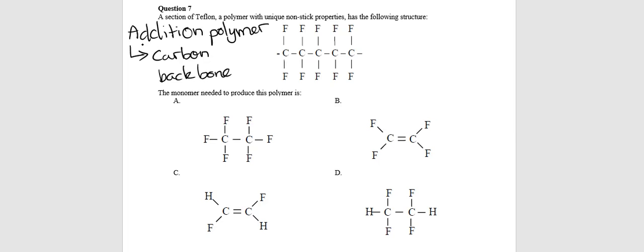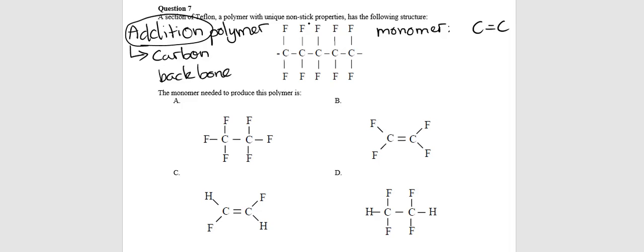Now, if you know that something is an addition polymer, that also implies that the monomer must have a carbon-carbon double bond. So if I break the polymer, I will need to add a carbon-carbon double bond back in between these carbon atoms.